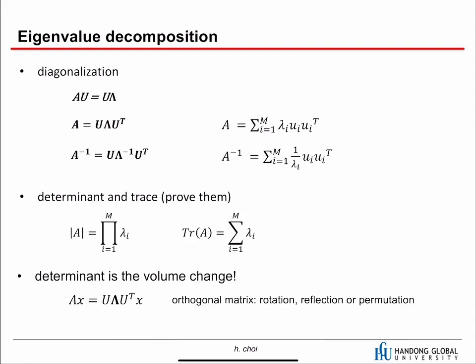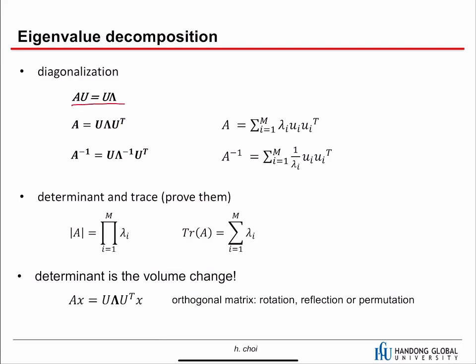Then how can we use this eigen decomposition for computation? As I said, we can have multiple eigenvectors. When A is 3 by 3, we can have 3 eigenvectors and 3 eigenvalues.